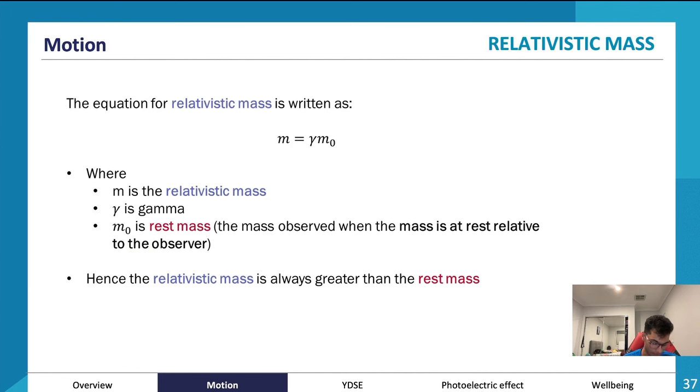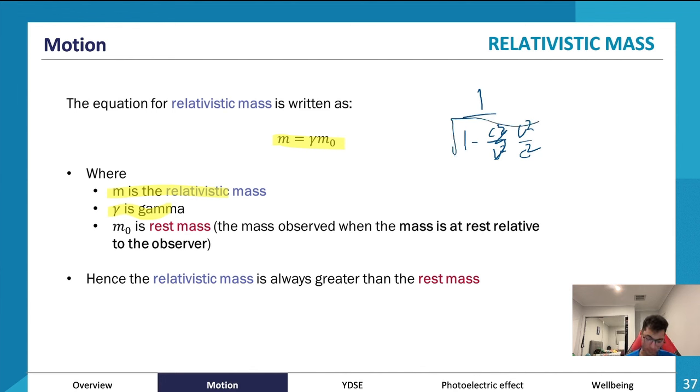Cool. The last thing with relativity is this thing about dilated mass. It's given by this formula where your dilated mass or your relativistic mass is your rest mass, so the mass if you're stationary, times gamma, and gamma we have calculated before is just 1 divided by 1 minus v squared on c squared.